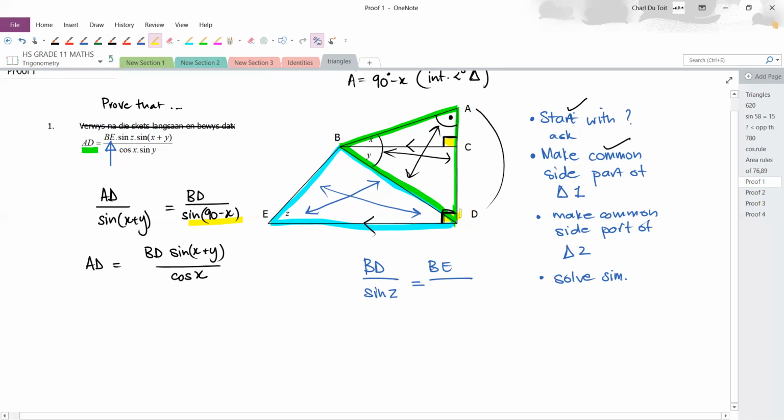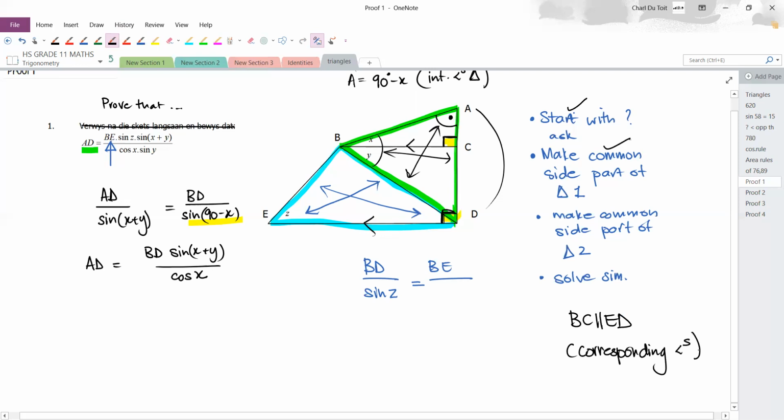So what do you know about BC and ED? They must be parallel, because of alternating, no, corresponding angles. Is that correct? Yes, sir.